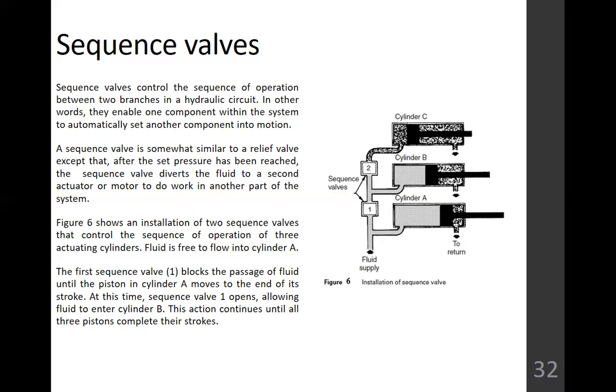Fluid is free to flow into cylinder A. The first sequence valve 1 blocks the passage of fluid until the piston in cylinder A moves to the end of its stroke. At this time, sequence valve 1 opens, allowing the fluid to enter cylinder B. This action continues until all three pistons complete the stroke.